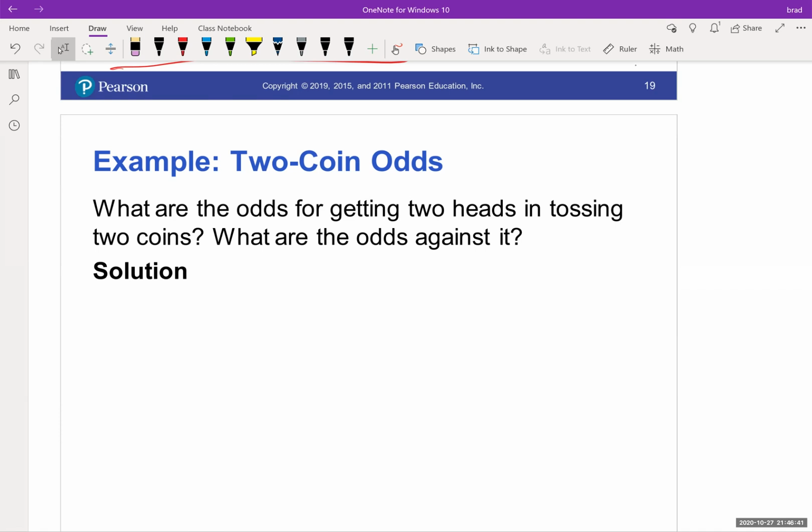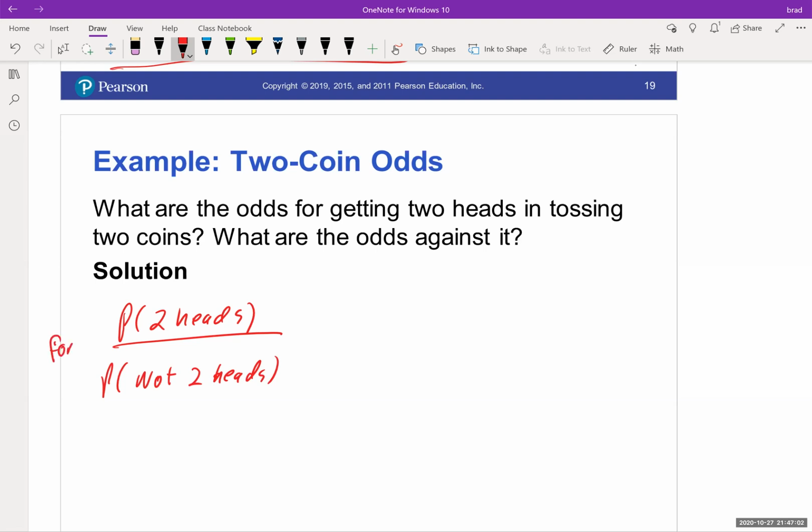We're going to do the probability of 2 heads divided by the probability of not 2 heads. So this is the odds for. Now, the probability of getting 2 heads is 1 divided by 4, if we go back to our table.